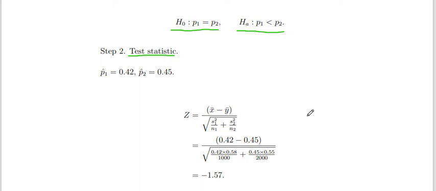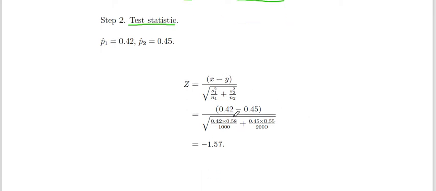In this typical situation, for 1, 0 data, x bar is p hat, 42%, and y bar is 45%. For the 1, 0 distribution, the variance sigma square equals pq, so s1 square equals p1 hat q1 hat.